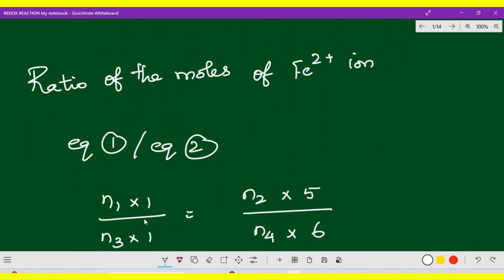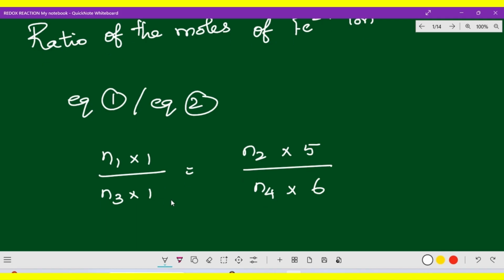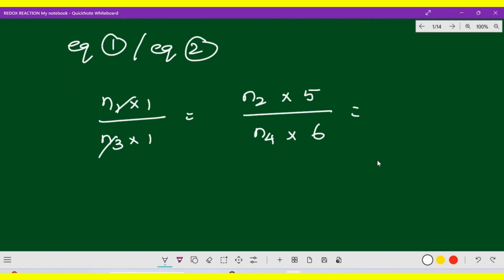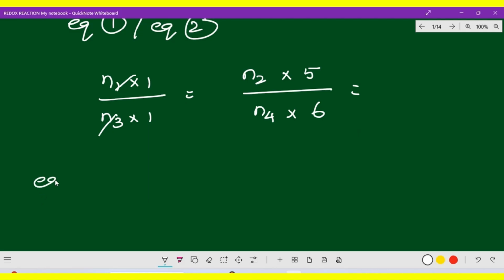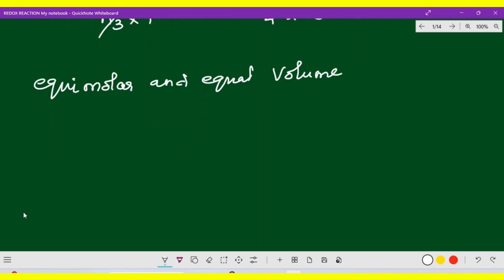So N1 into 1 equal to N2 into 5, and N3 into 1 equal to N4 into 6, so this and this will be cancelled. Here they are asking about equimolar and equivolume, equal volume and equimolar, so we bring out molarity.